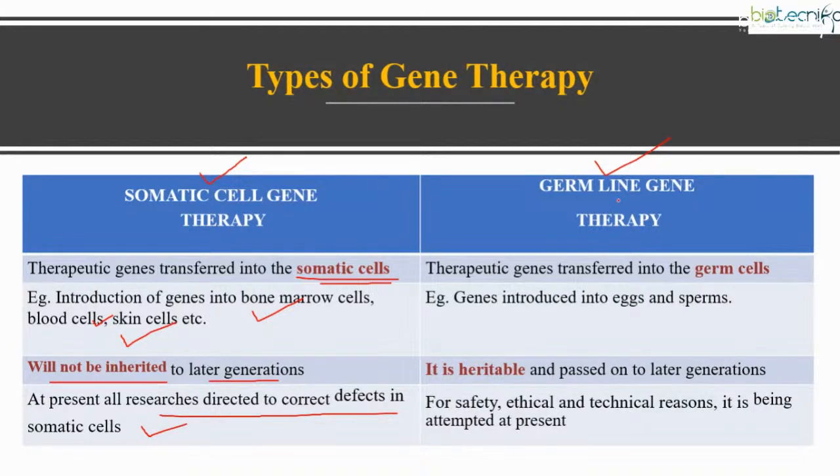On the other hand, in germline therapy the therapeutic genes will be transferred to the germ cells, and we have only two, that is, eggs and sperms. Since we are transferring it to the germ cells, these changes are heritable and passed on to upcoming generations. So, for safety, ethical, and technical reasons, it is not attempted at present. These are the types of gene therapy based upon the cell type.